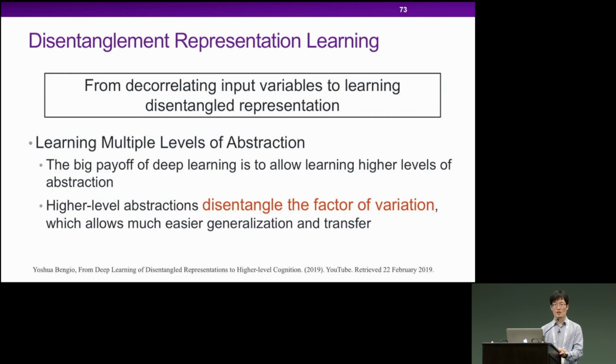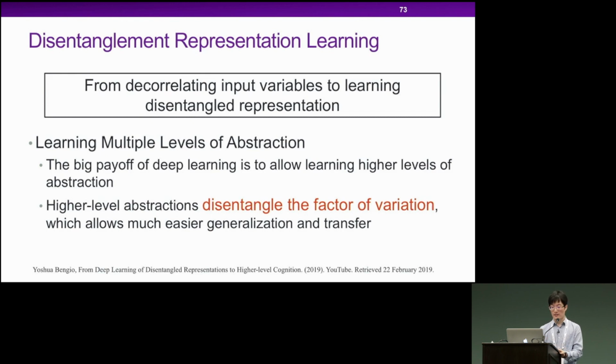So the more fundamental way is whether we can learn a representation space, and in this representation space, all of the variables are naturally decorrelated. That's actually the basic idea of disentangled representation learning. The main representative researcher in this field is Yoshua Bengio.